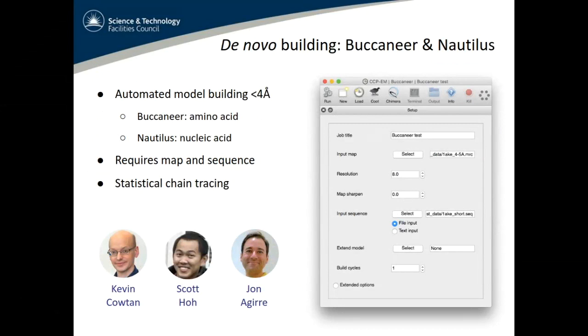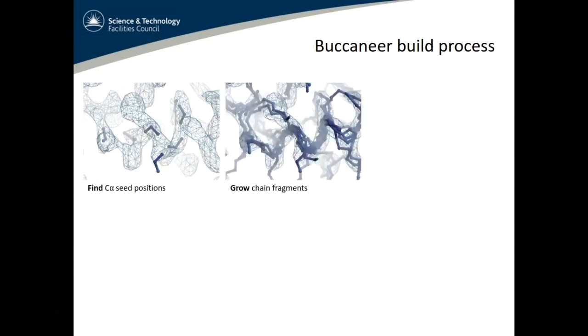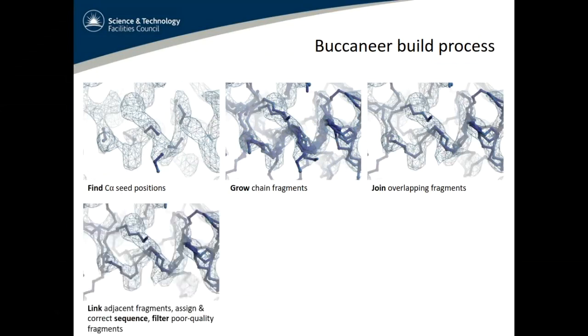These are very nice, powerful programs. You just give them your initial reconstruction, your map, and the sequence of your target, and it will then try and trace the sequence for you and build in the sidechains. I'll show you how that works. In cases where it works, it's very nice to watch. So it starts by finding these C alpha seed positions, growing possible chains from those, joining the overlapping ones to reduce the redundancy, linking fragments that line up in space, and trying to identify the sequence by looking for the sidechain densities.